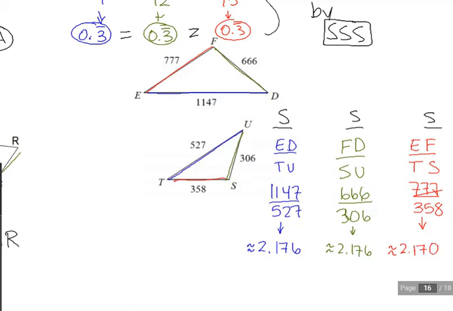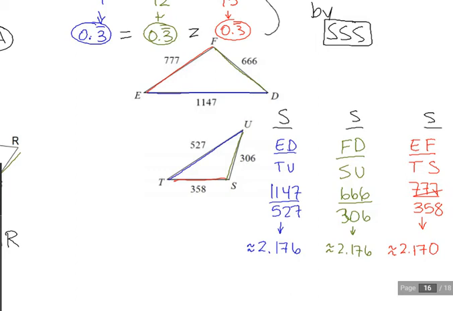So again, let me just double check here. So we got largest side 1147 over largest side 527. We got smallest side 666 over smallest side 306. We have middle side 777 over middle side 358. 777 divided by 358. It's 2.170.